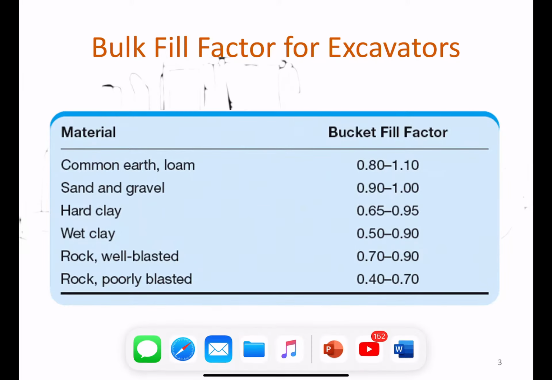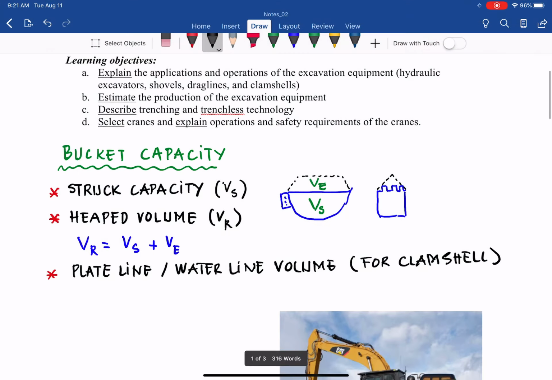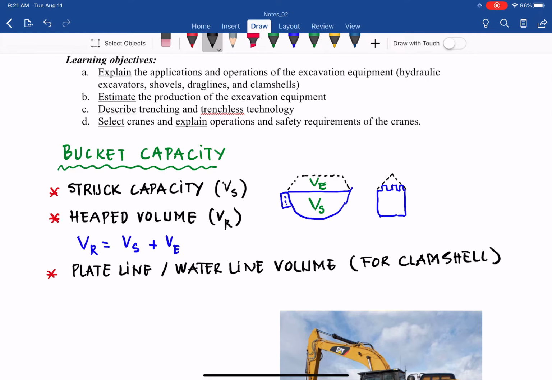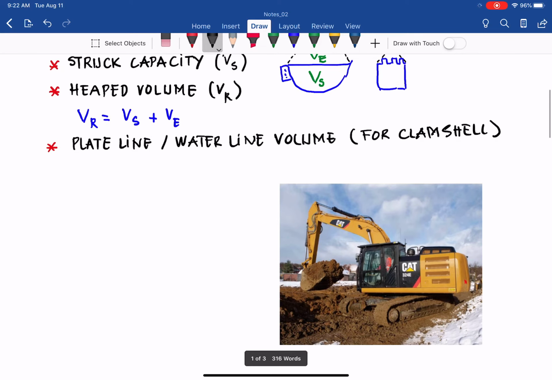So let's go back to the class, now that you have the bucket capacity concept that we're talking about. Let's go to one type of excavating equipment so that we can know more about this.